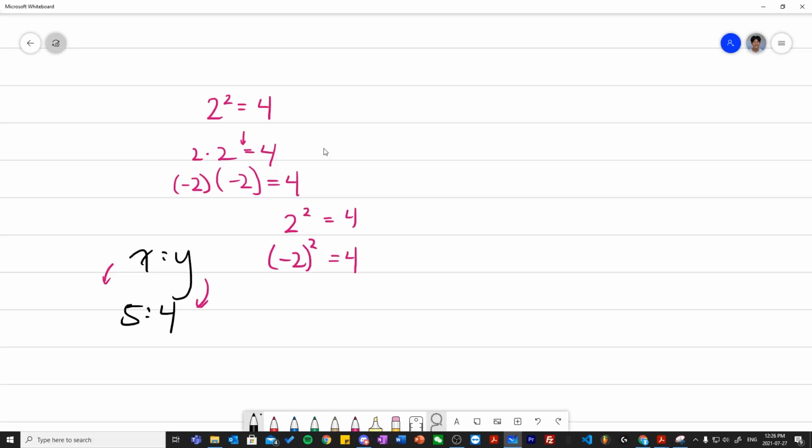Make sure you know the difference. So basically, when x squared equals 4 and I apply the square root on both sides, what I'm saying is x times x equals 4. However, there could be two answers for x. One could be 2, one could be -2.